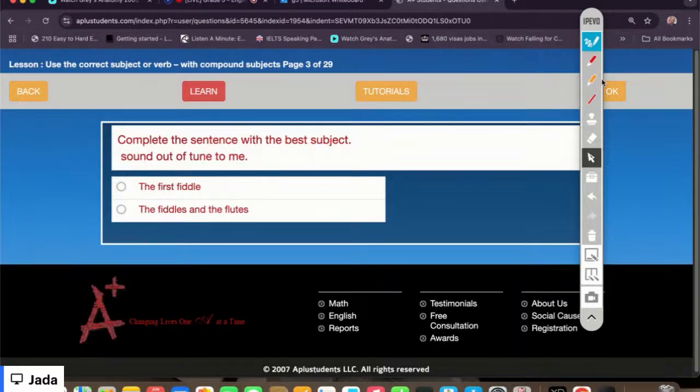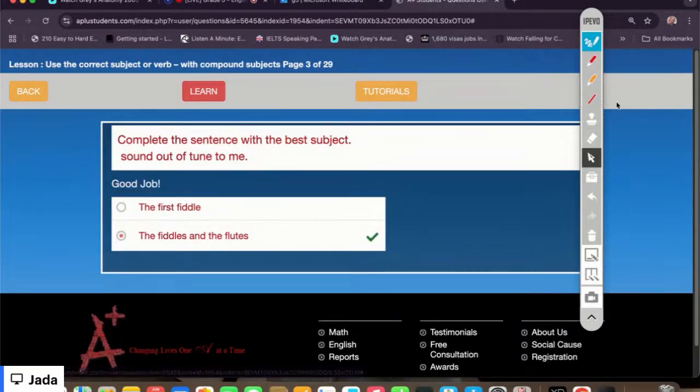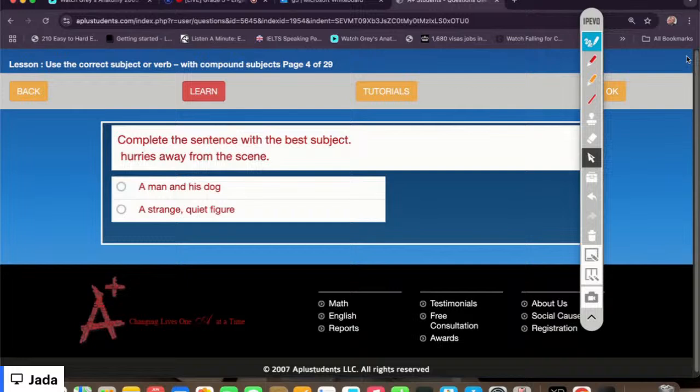So we have sound out of tune, right? So sound is the verb and it doesn't end with s. So we're gonna have the second one. Next: hurries away from the scene, a man and his dog or a strange cloud figure.